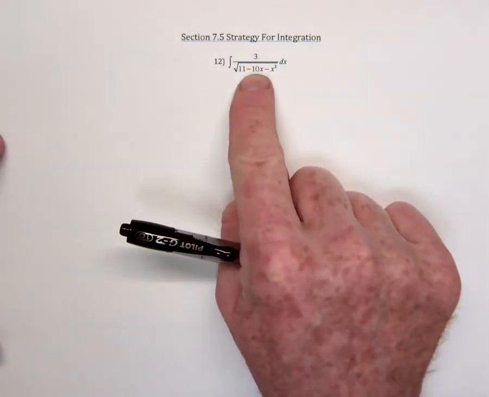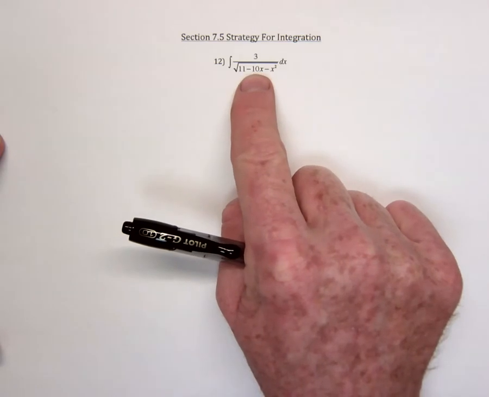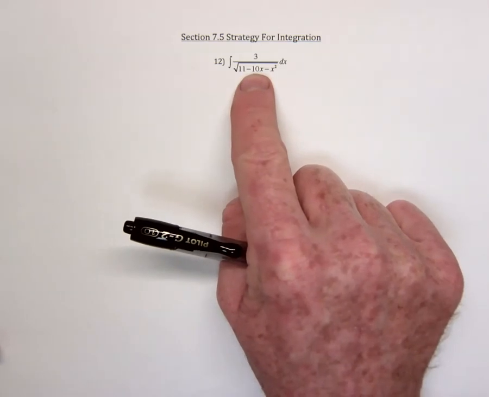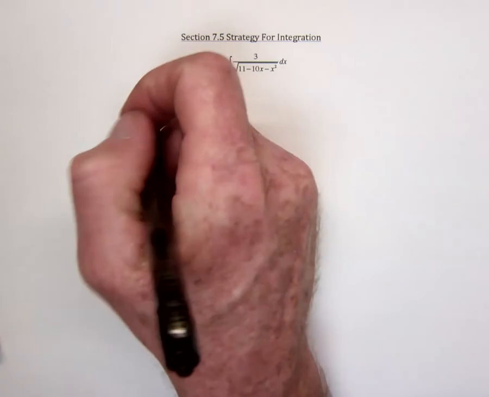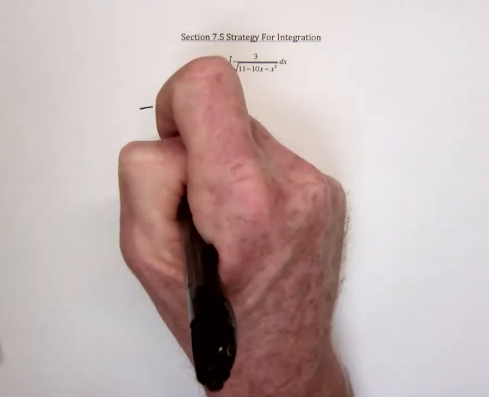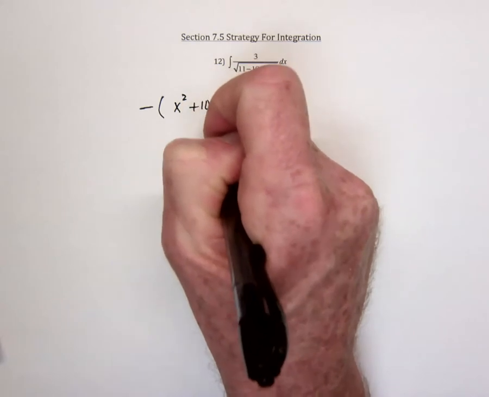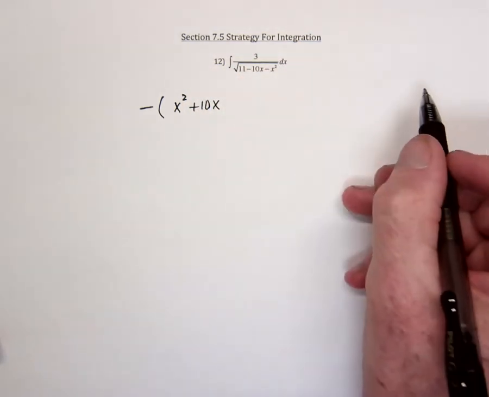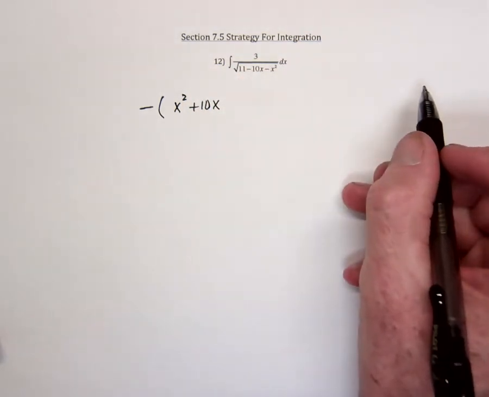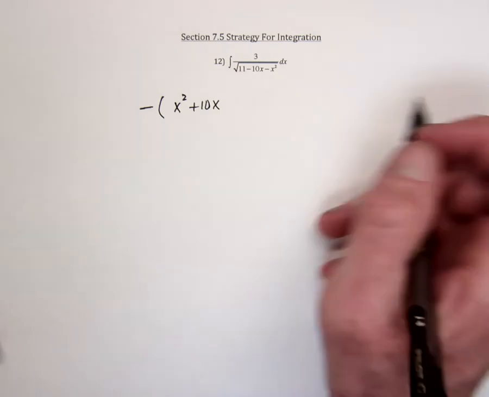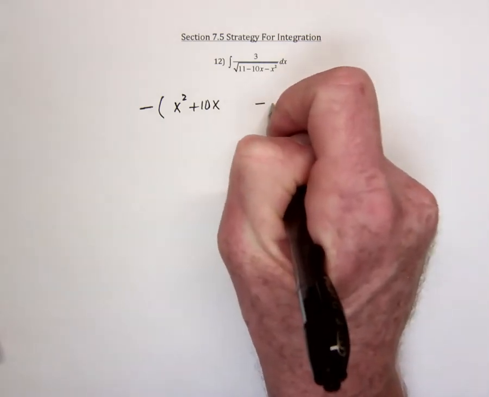So for this right here, I'm going to complete the square. The first thing I'll do is factor out a negative. So I'm dealing with just x squared, and then the 10 would become a positive 10x. The 11 is not allowing us to make a perfect square, so what I'm going to do is move it over by a little bit.